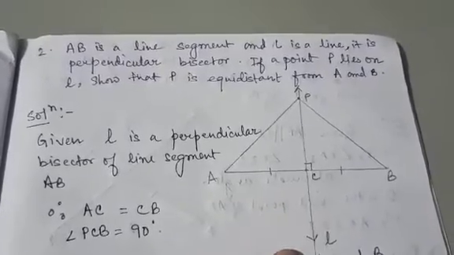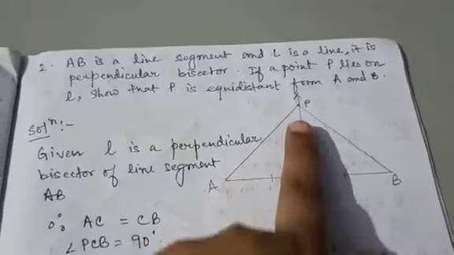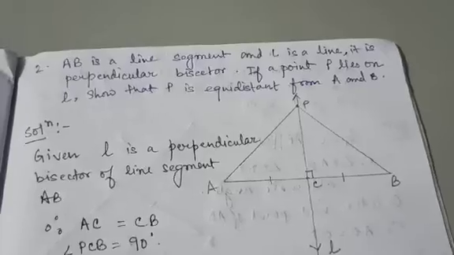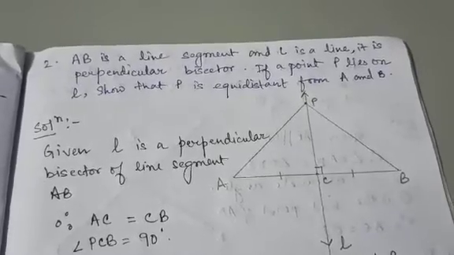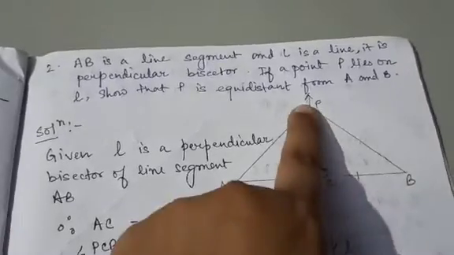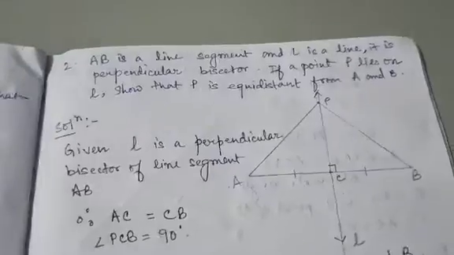On that line L, there will be a point P, and we will join AP and BP. On joining AP and BP, we will get two triangles, triangle ACP and triangle BCP. So two triangles we are getting.